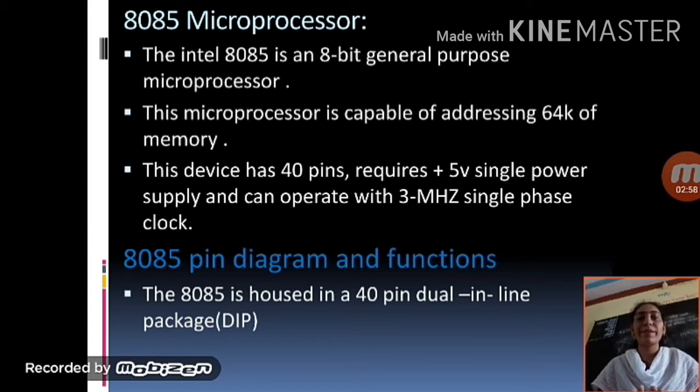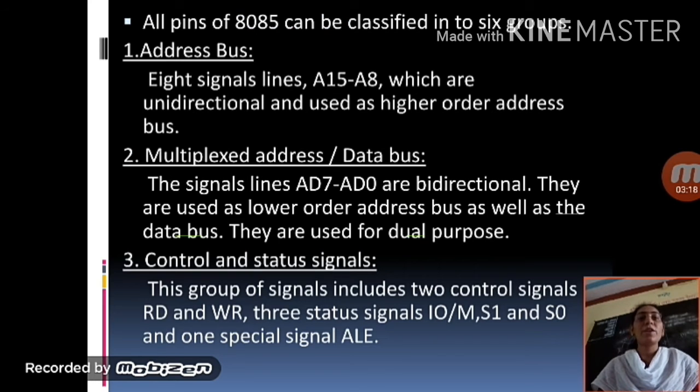Okay, now we will see the 8085 pin diagram and its functions. See what the working of the 40 pins of the 8085 is. 8085 is housed in a 40 pin dual-in-line package, means DIP. All pins of 8085 can be classified into 6 groups.